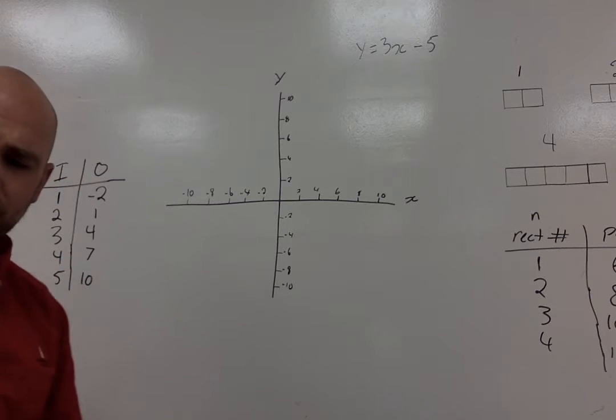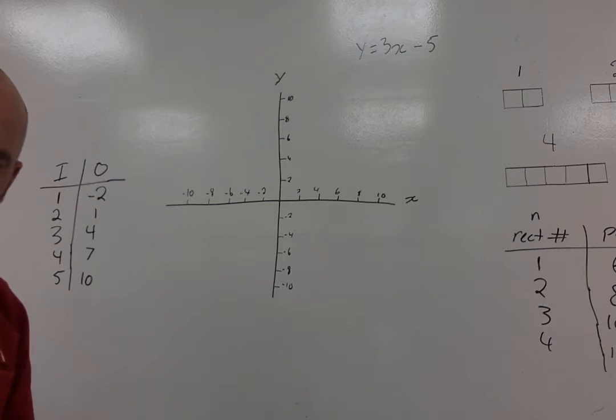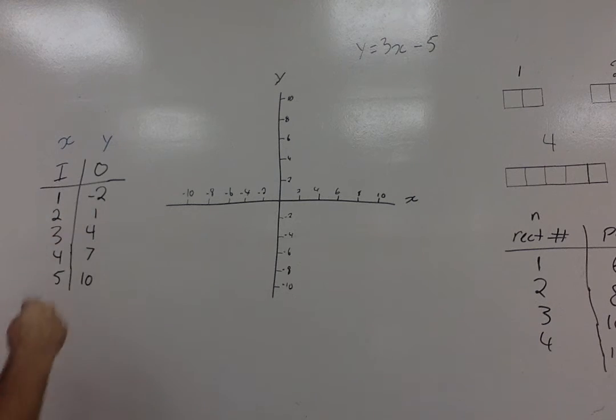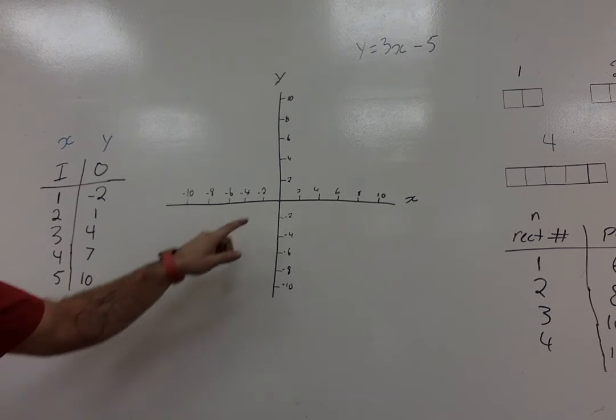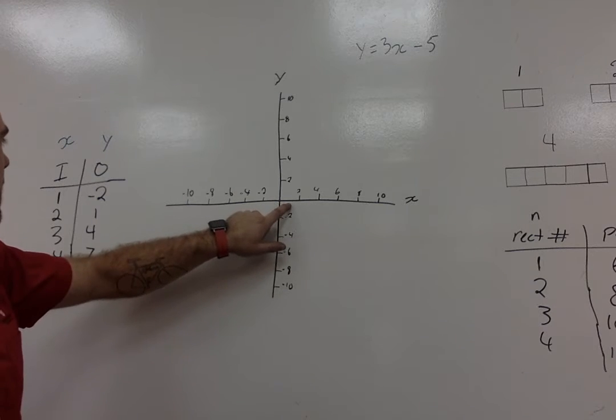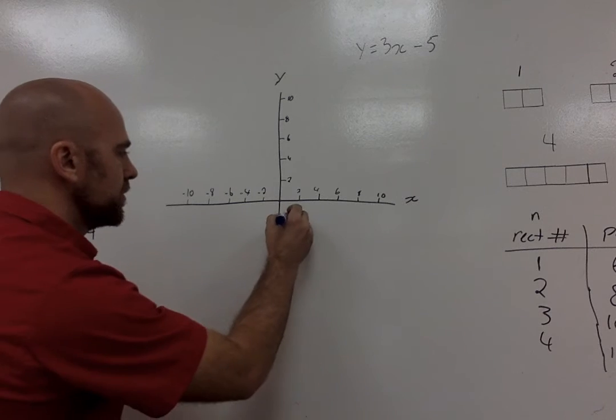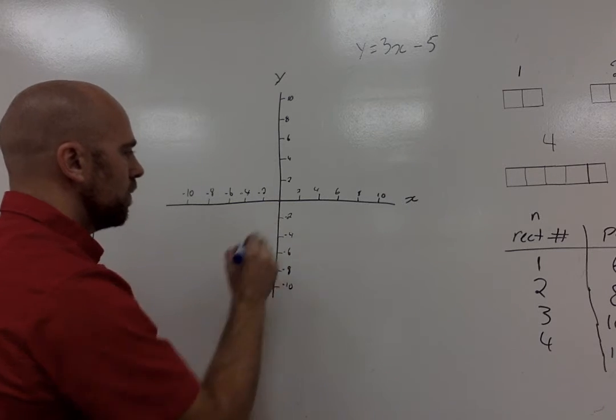Now, if I want to graph this, the way that it's going to work out is my input is going to be my x-coordinate, and my output is going to be my y-coordinate. So, as I'm at positive 1 on my x, I'm going to be at negative 2 for my y.